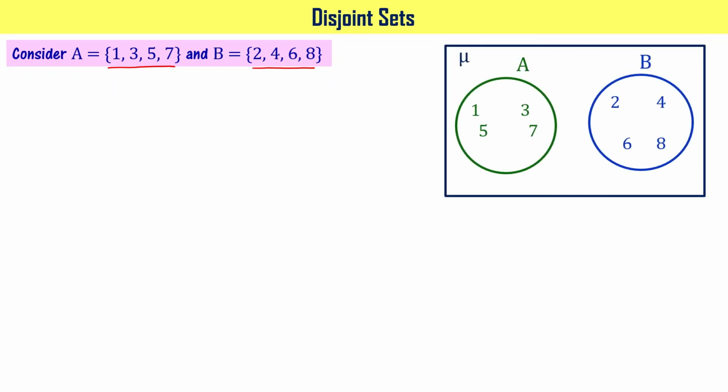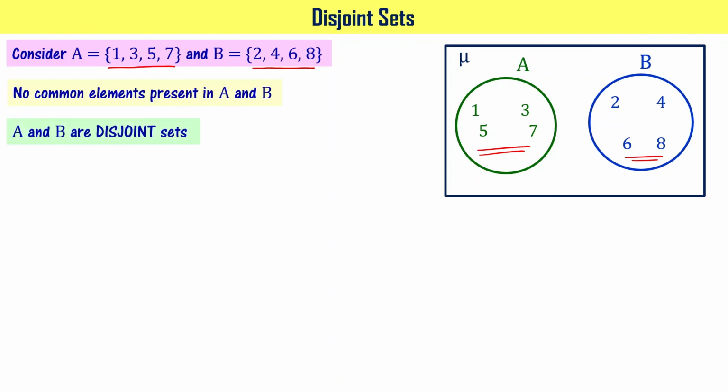In the Venn diagram, this set has all odd numbers and this has all even numbers. That's why these two sets are not overlapping. In other words, there are no common elements present in set A and set B. When there are no common elements, those sets are called disjoint sets.